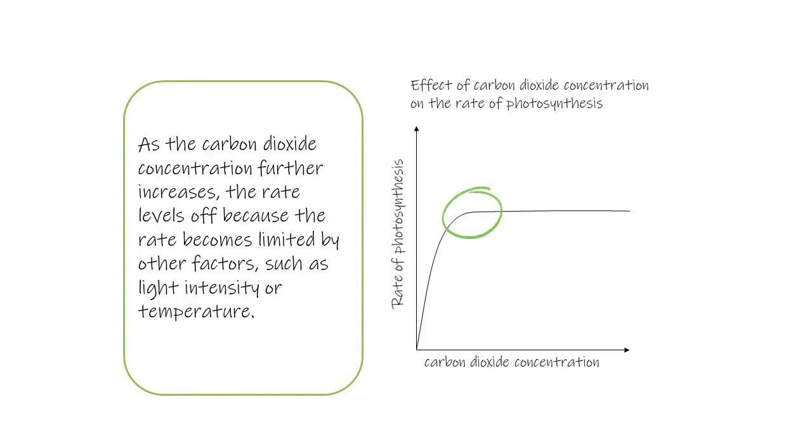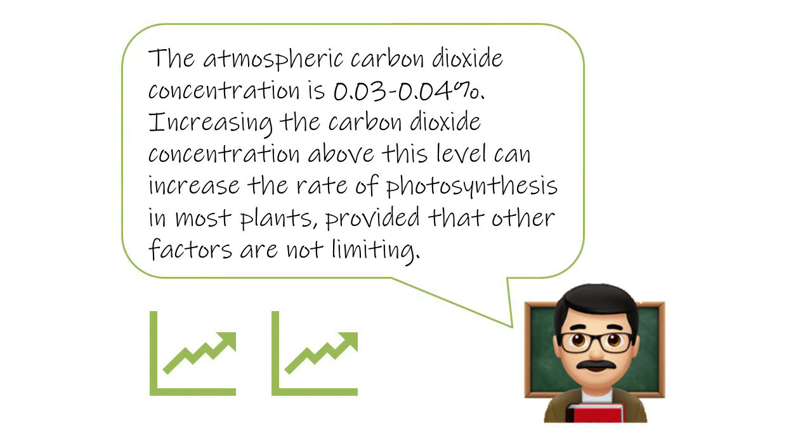As the carbon dioxide concentration further increases, the rate levels off because the rate becomes limited by other factors such as light intensity or temperature. The atmospheric carbon dioxide concentration is 0.03% to 0.04%. Increasing the carbon dioxide concentration above this level can increase the rate of photosynthesis in most plants, provided that other factors are not limiting.